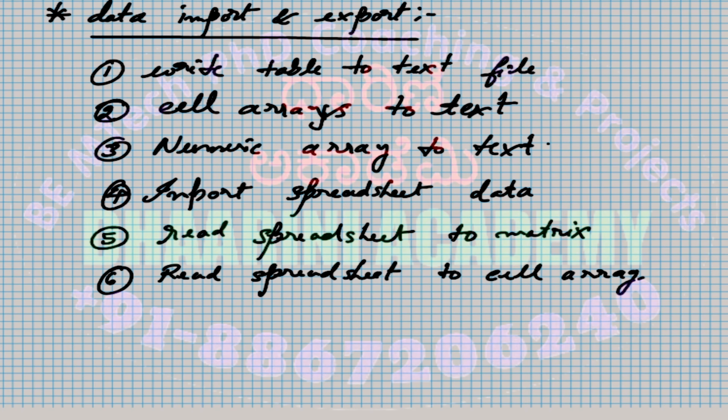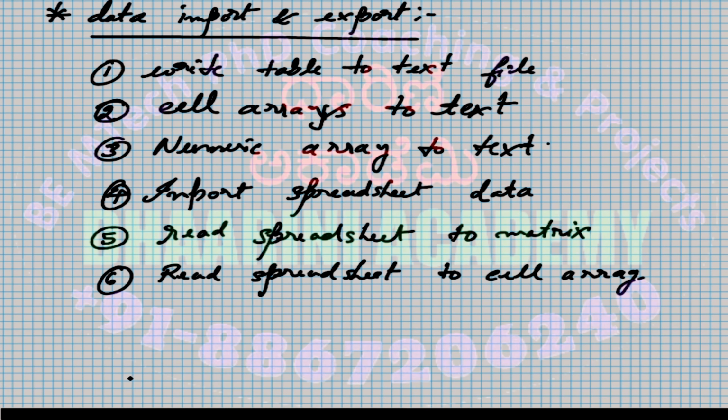Here I will show you how to read the spreadsheet columns into separate variables, right? How to do that?